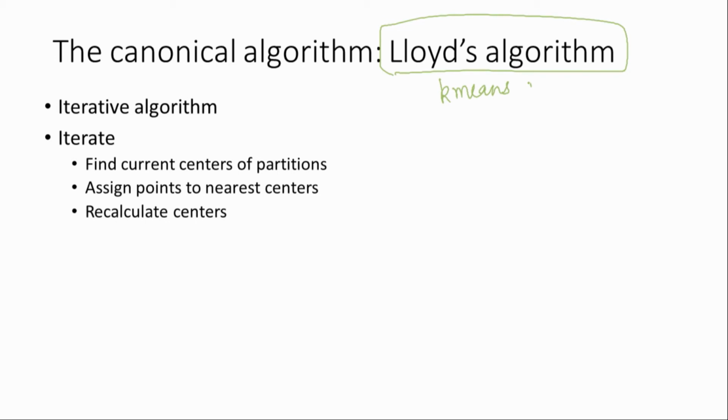And this is an iterative algorithm, right? So what are we saying? Start with any location of the centers. The points are somewhere here. Start with a center here and here, somewhere.